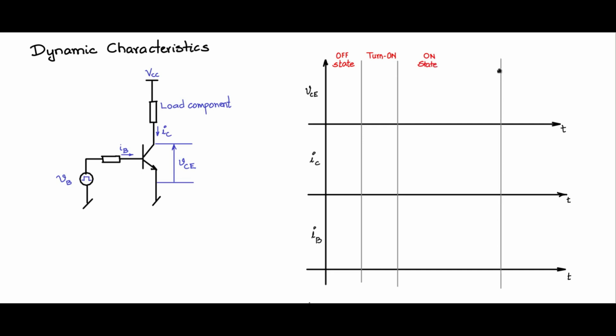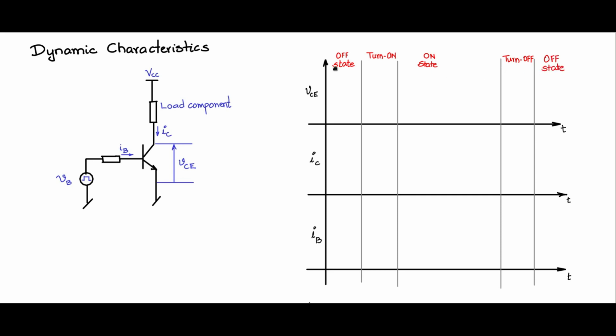So let the on state be for some time here. And then here we go through a transition period again. This will be a turn off. From the on state we want to go off, so this will be a turn off period. And then after the turn off period, we go back into the off state.